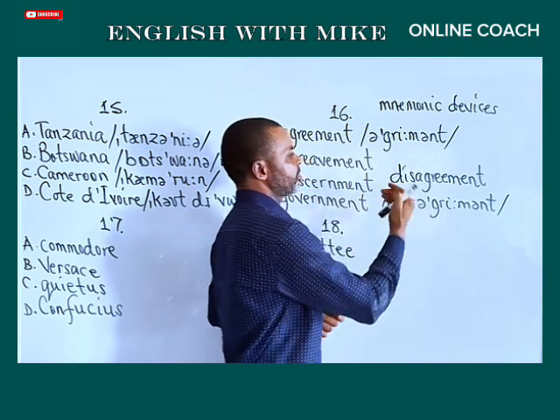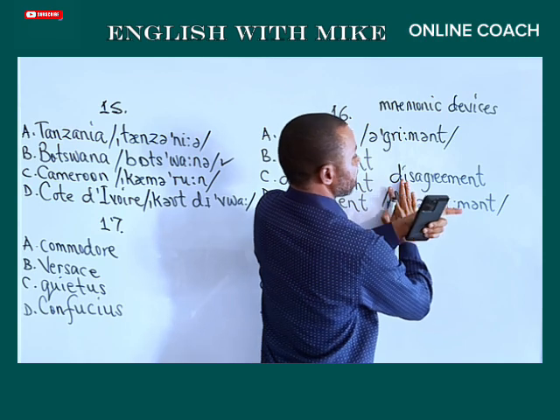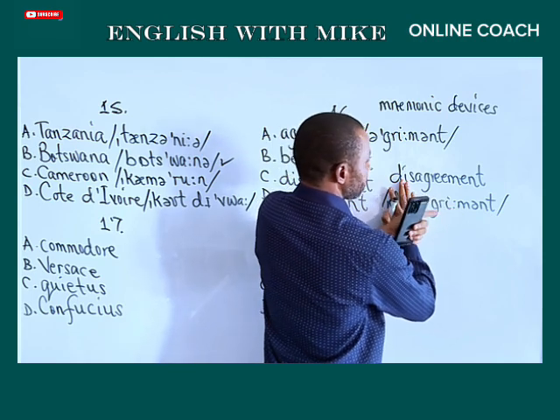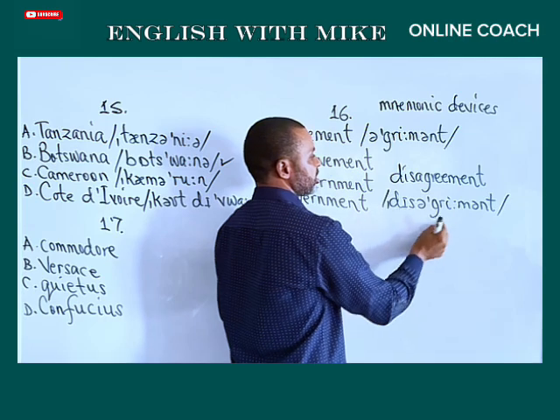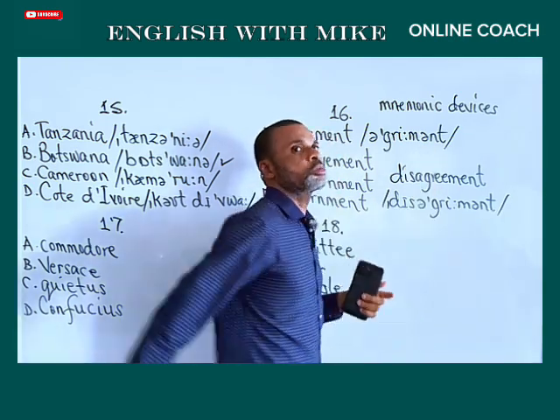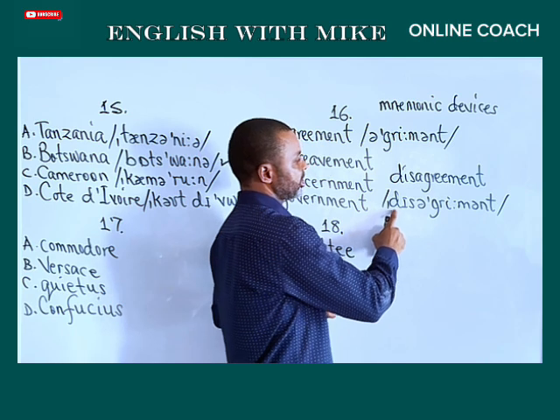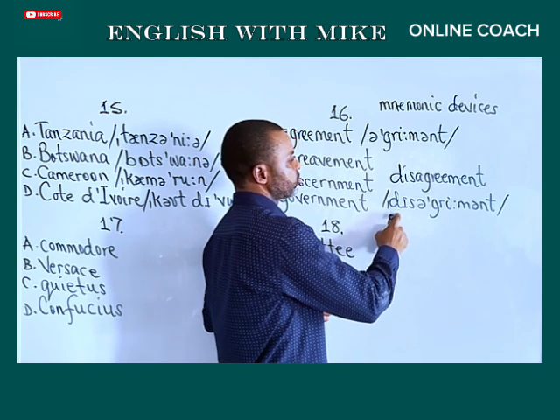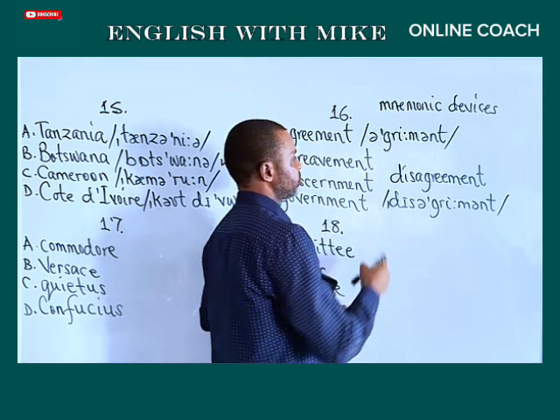Not disagreement, because this alone is agreement, wrong, but agreement, right. So when you add this, it becomes disagreement. The stress does not change, it remains on that syllable, whereas this is the second loudest syllable, which happens to be a prefix. So it doesn't take the primary stress.